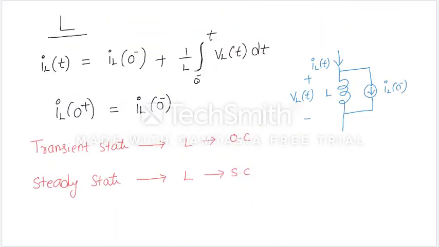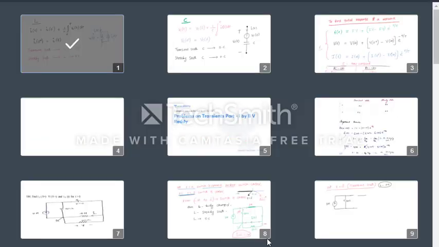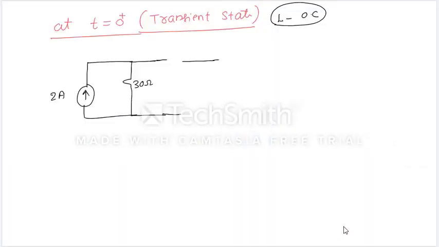We have seen the equivalent circuit of an inductor, like this. It always has a parallel initial current. The inductor is open and it has a parallel initial current, like this.